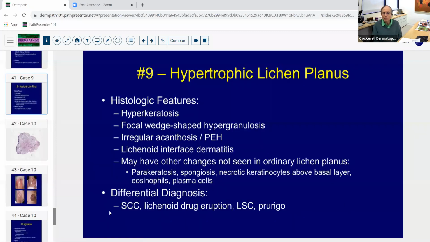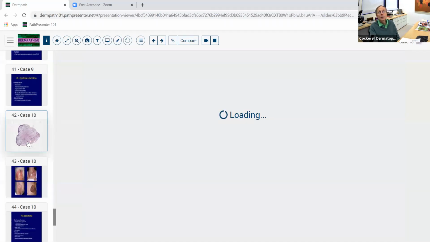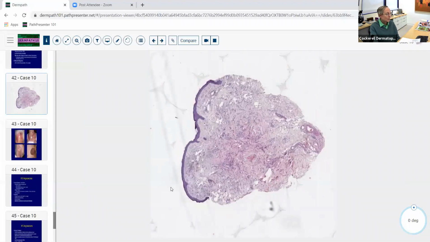So we want to get a punch biopsy to make sure, and basically what this disease is, it's lichen simplex chronicus superimposed on lichen planus. So if you just do a shave, you're only going to get the diagnosis of LSC. And if it's got some atypia because of the pseudoepitheliomatous hyperplasia, you might get back a diagnosis of KA or squamous cell. So just remember, take a good deep punch in order to make that diagnosis.